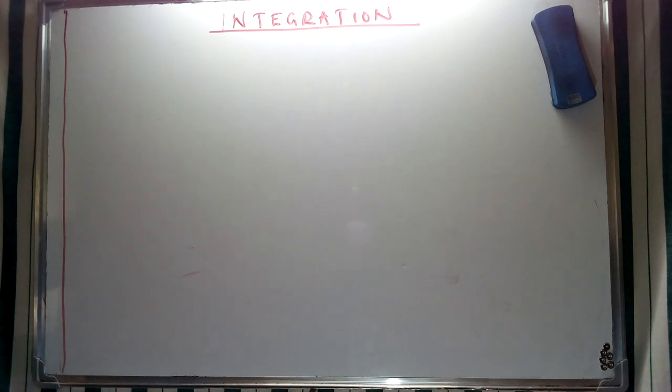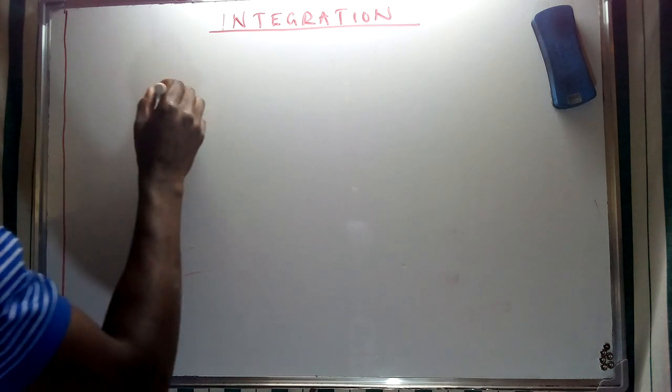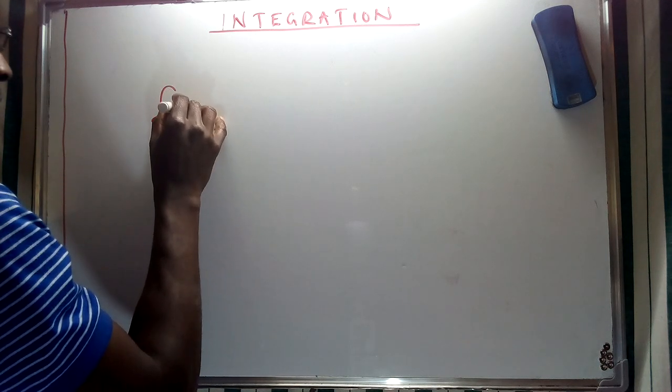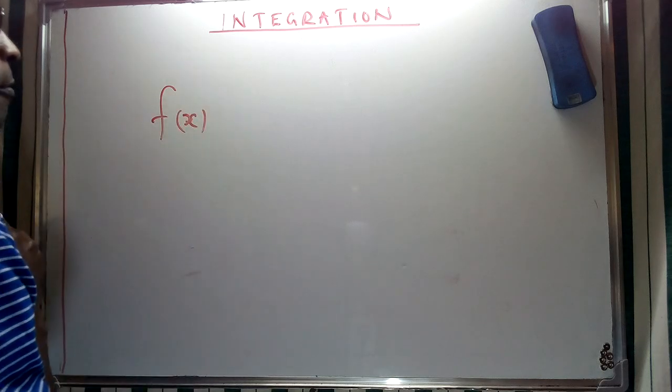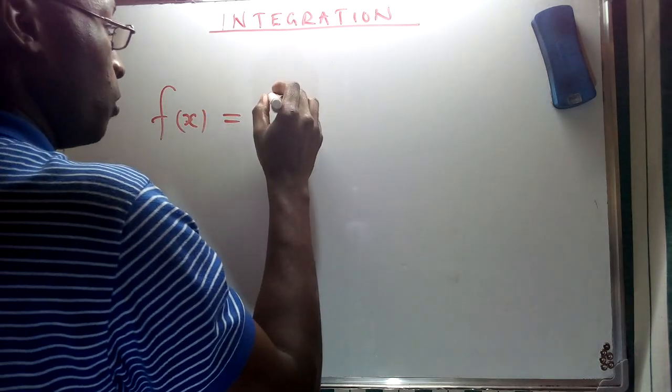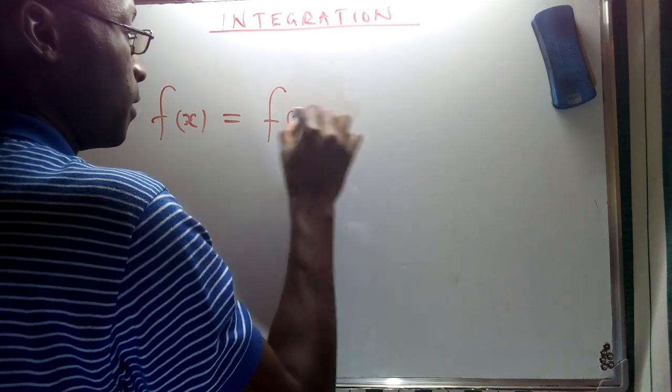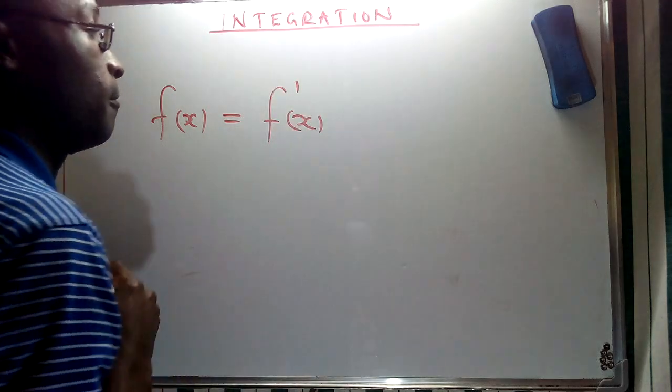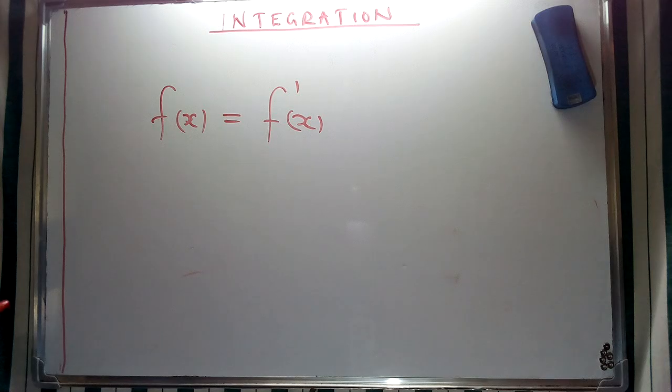Now, suppose I have a function f of x from my previous video on differentiation. We say that we can find what we refer to as a derivative of this specific function, which was given as f prime of x.